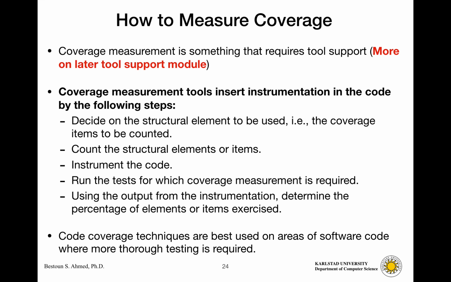The tools basically do several things together. You have to decide on the structural element, or what you want to cover, and then count the total number of those items. For example, you want to cover lines of code. Now, how many total lines of code do you have?